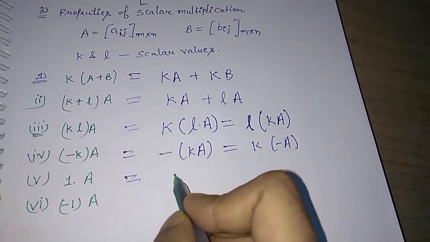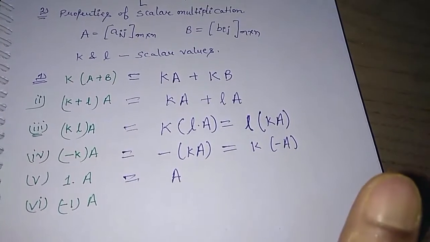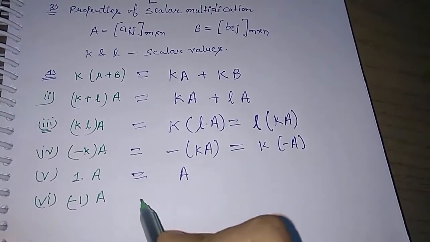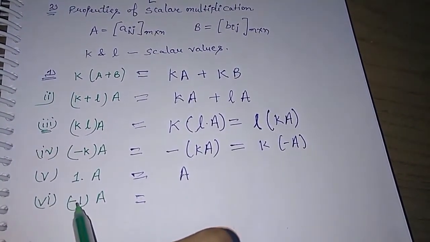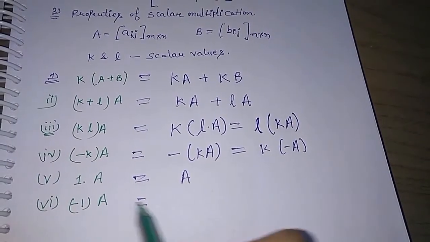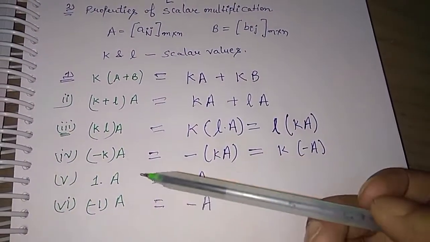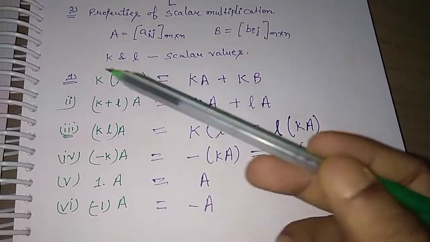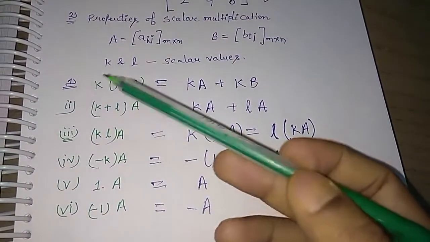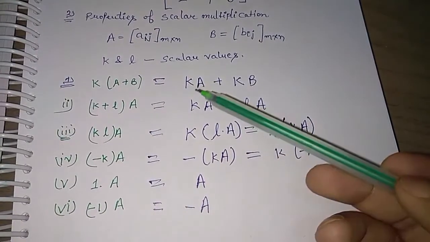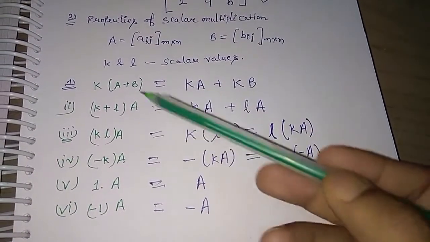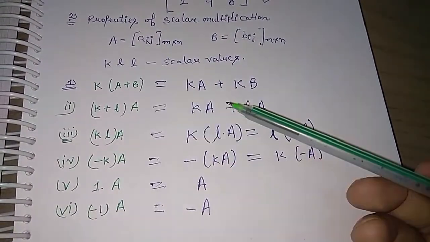So the answer we can write as A only. In the next case, if we multiply minus 1 to the matrix, it will come as minus A. So you have seen in all 6 problems how the scalar value is operated with the matrix in different cases and how it gives the result.